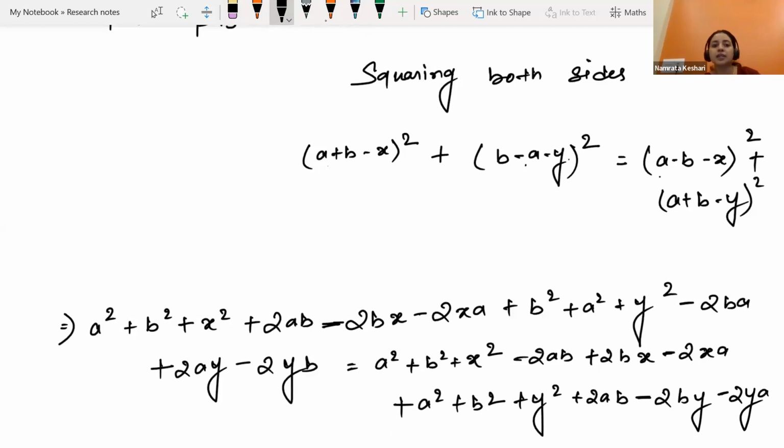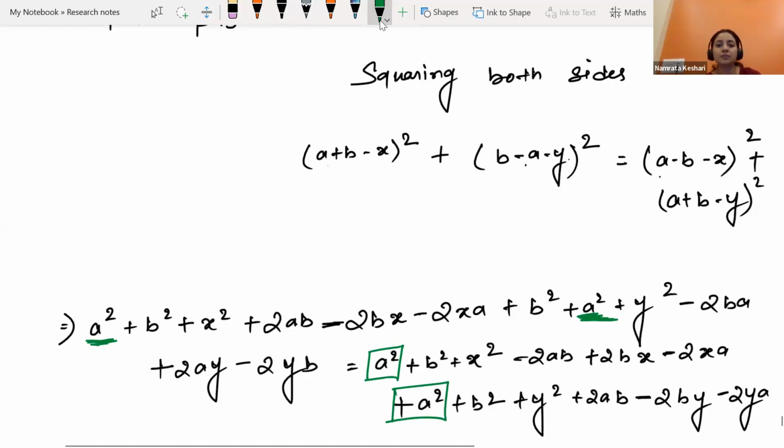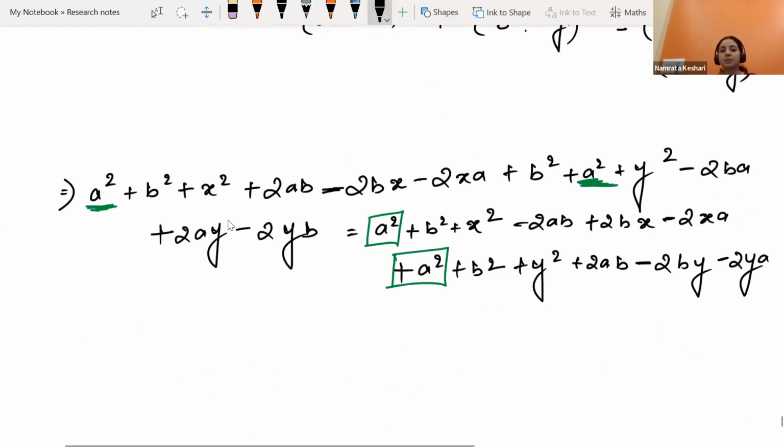Now let's see what is getting cancelled out. We can see a square on this side and a square on the other side, and again here. So can we say that all the a squares cancel each other out? Yes. I am doing it quickly.